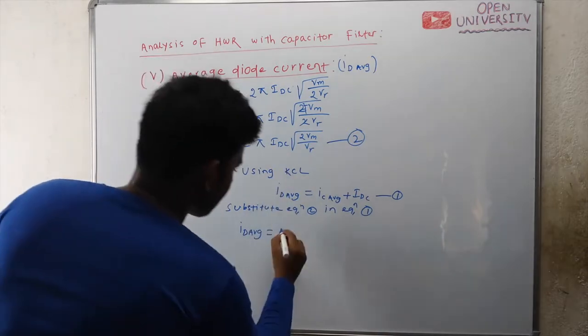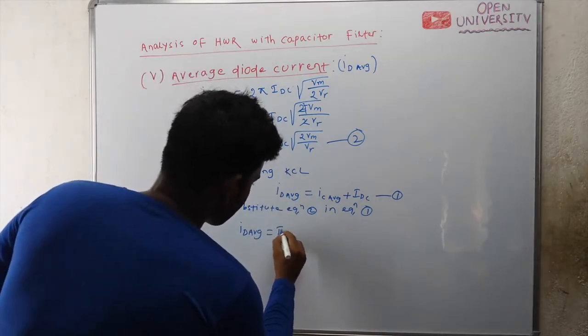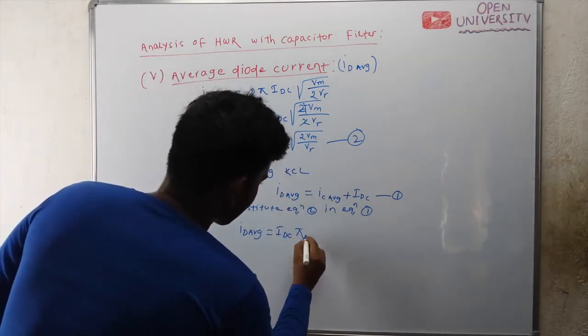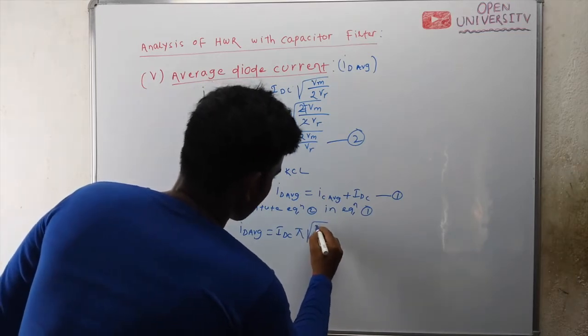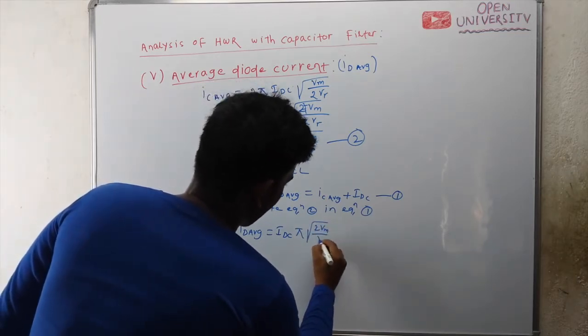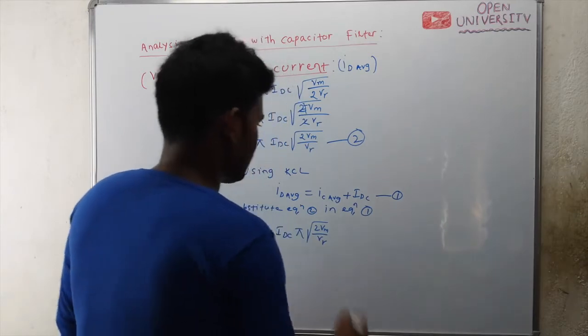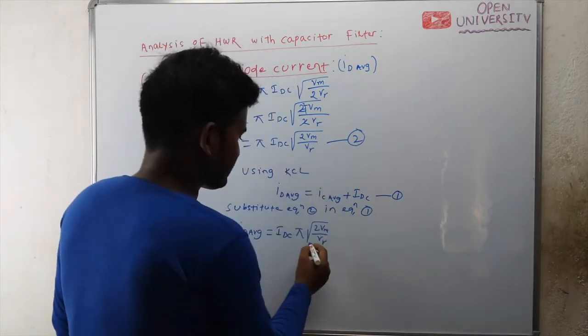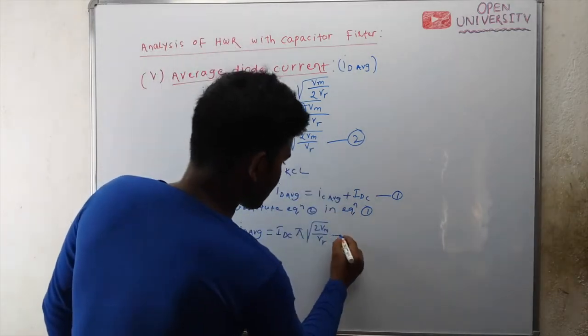IC average is IDC into pi into under root of 2 Vm by Vr, plus IDC.